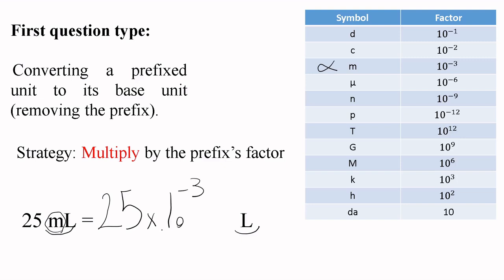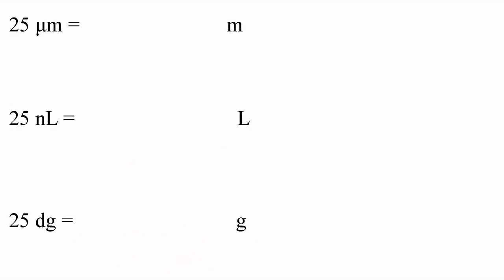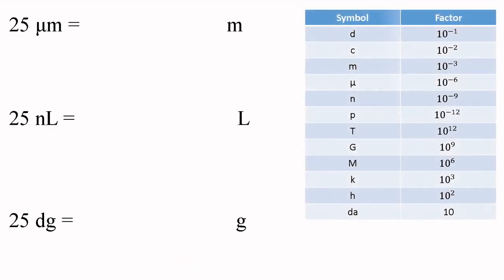And you can write it in the decimal form. We have two digits here, and this is 10 to the power of -3. So we need 1 zero after the decimal point. Let's solve the next example. 25 micrometers. Again, we have a prefix unit, and we want to convert it to the base unit.